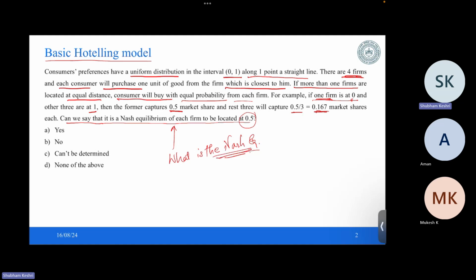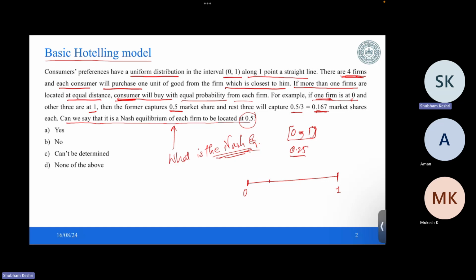You see, we have 4 firms, and those firms will go to those points in which they get an equal number of consumers. So if you divide this interval 0 to 1 into 4 parts, it will come out to be 0.25. So when each firm has a market share of 0.25 or 25%, there will not be any incentive for any firm to deviate. All right. So we'll have to divide this interval 0, 1 such that each firm gets 0.25.